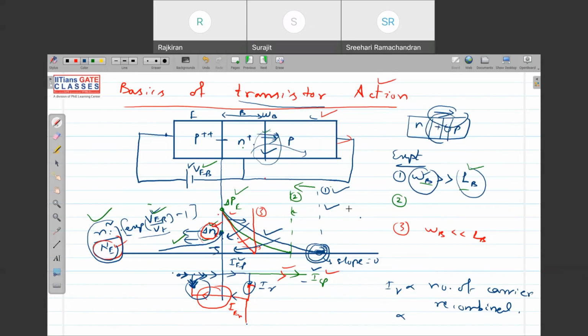It helps you transport all the holes across the junction, because this is positive and this is negative charge, so there is an electric field here.